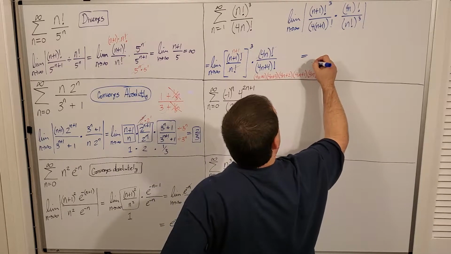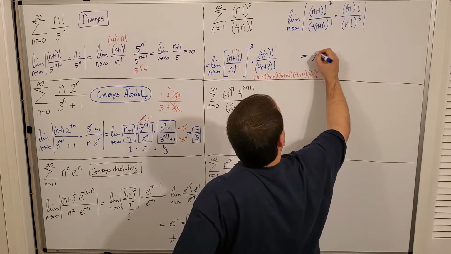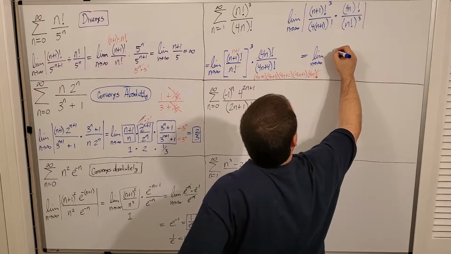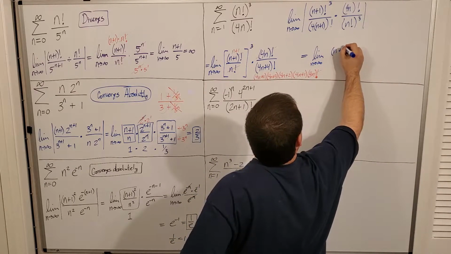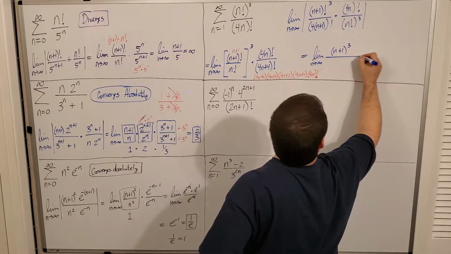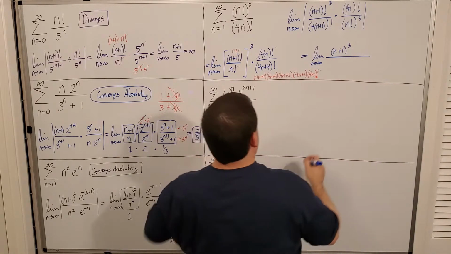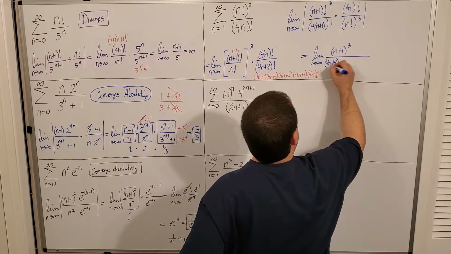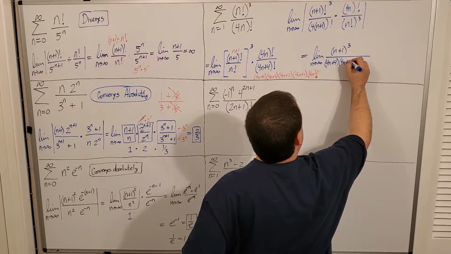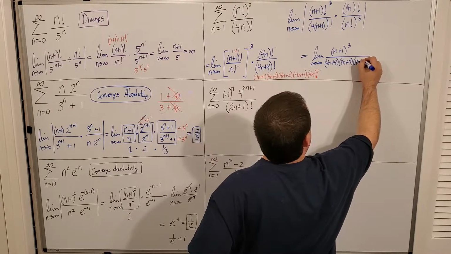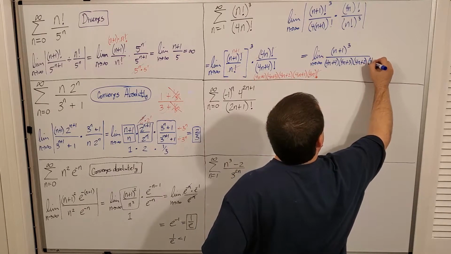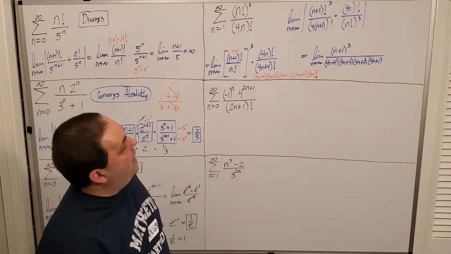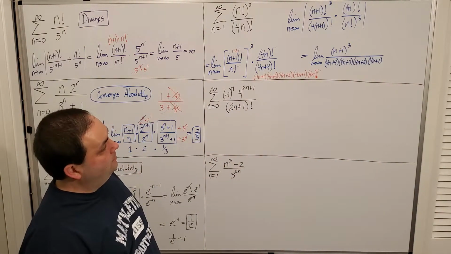This limit is going to equal the limit as n goes to infinity of n plus 1 cubed over 4n plus 4, 4n plus 3, 4n plus 2, 4n plus 1. That's where I'm at now with this limit.